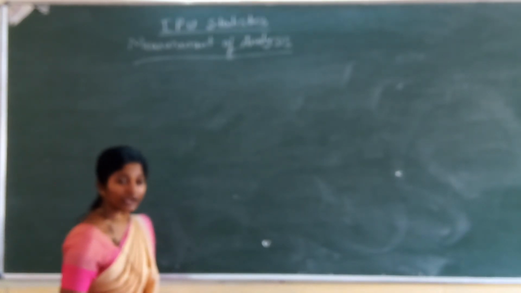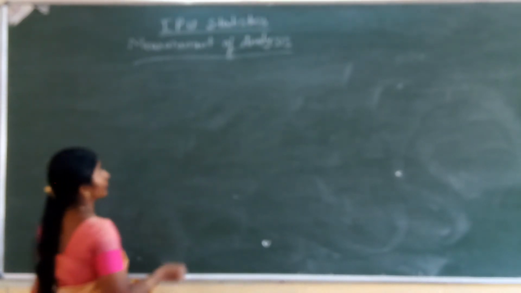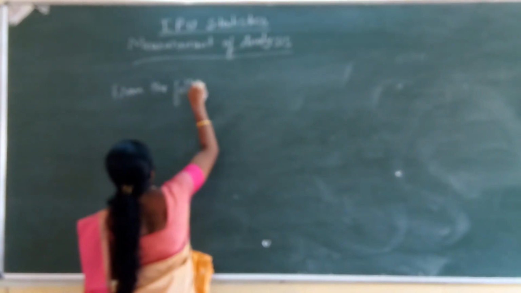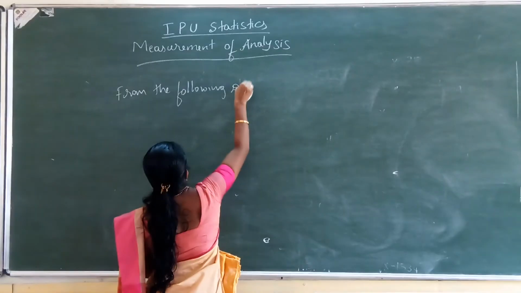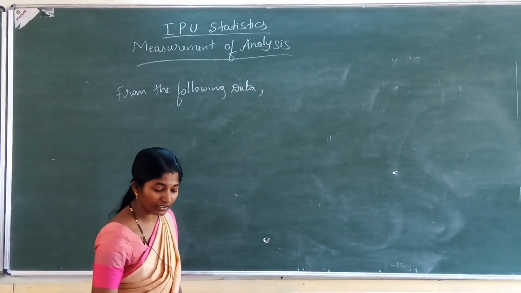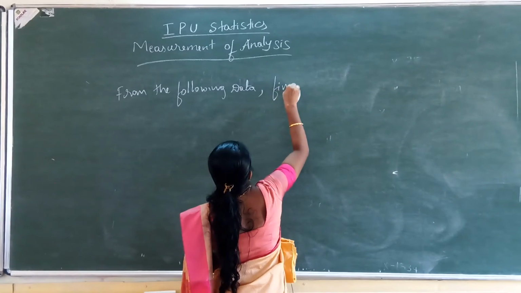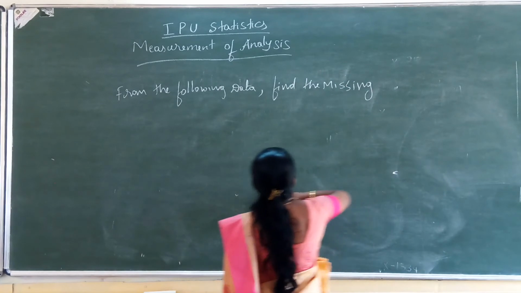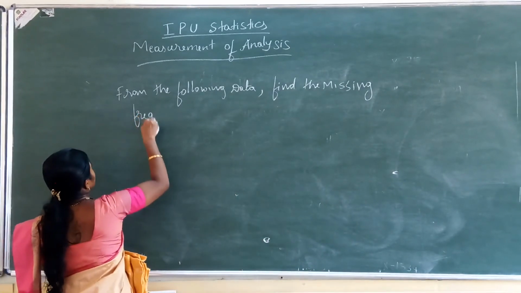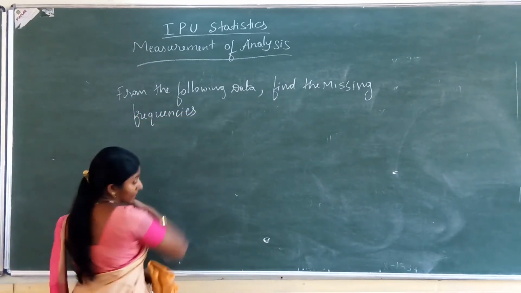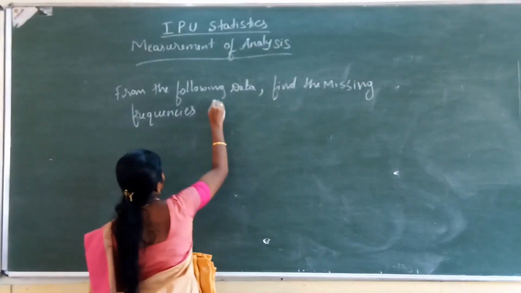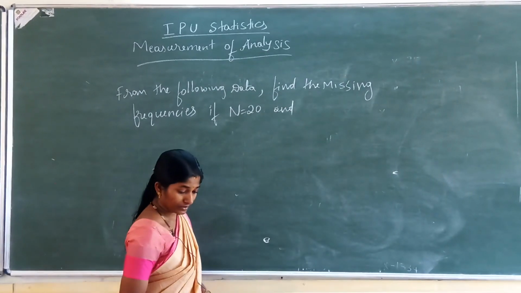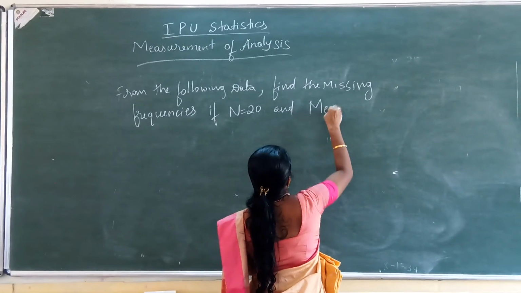The question is given that from the following data find the missing frequencies. If n is given as 20 and mean is given as 24.